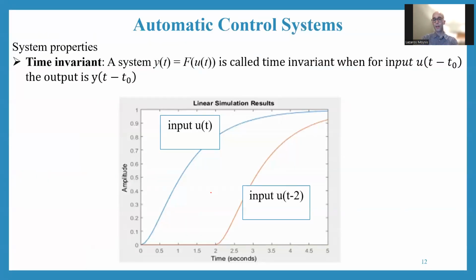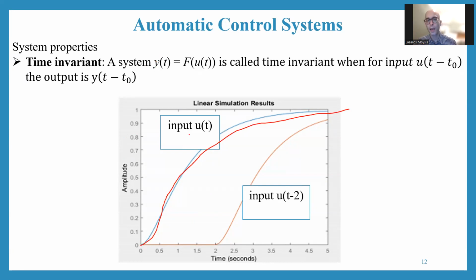Now, another important property is time invariance. The system is called time invariant when you switch the input and move it some seconds later, the output will not change in its shape. It will be exactly the same, but it will be moved some seconds later. So see here, I provide some input to the system and I obtain this output.